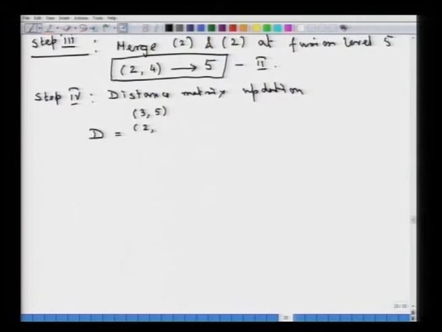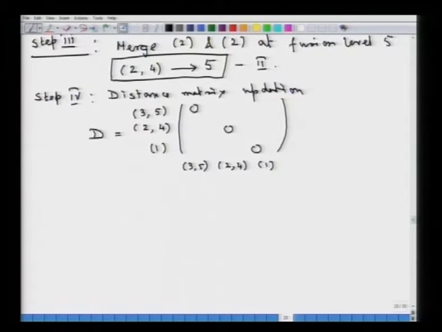Now, we have formed a new cluster which has cases 2 and 4, and there is one more case, which is 1, which is already in the existing list of clusters. So, we will have this 3 by 3 matrix filled up. The first column represents the 3 5 cluster, the second column is the 2 4 cluster, and the third column is the 1 cluster.